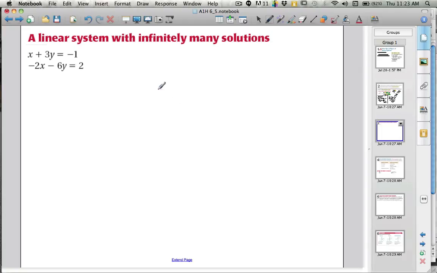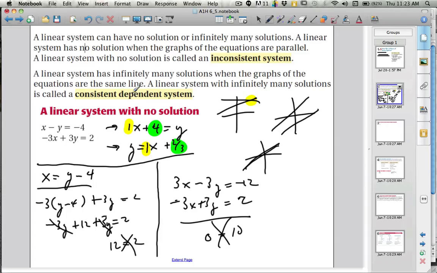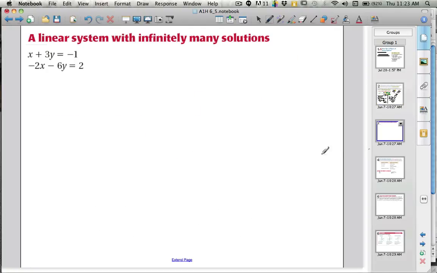This is going to be the sign of a consistent dependent system, with infinitely many solutions. What's that going to look like? If I put it into slope-intercept form, it's going to have the same slope and the same y-intercept. They'll be the same equation when I put them into slope-intercept form.